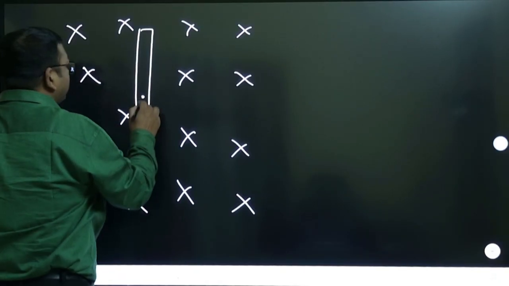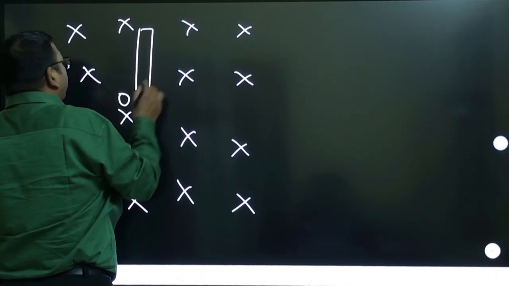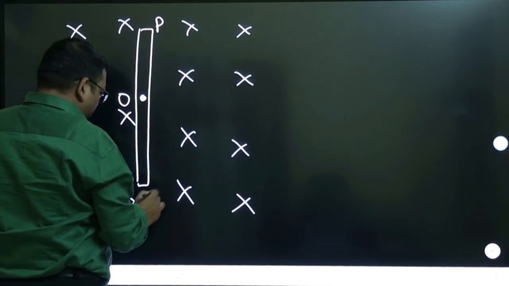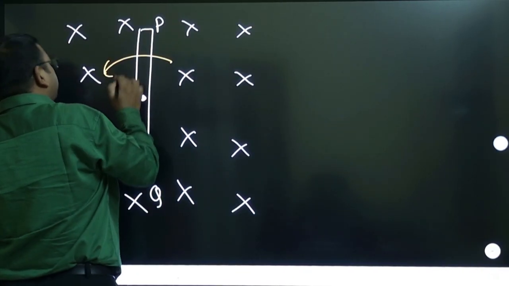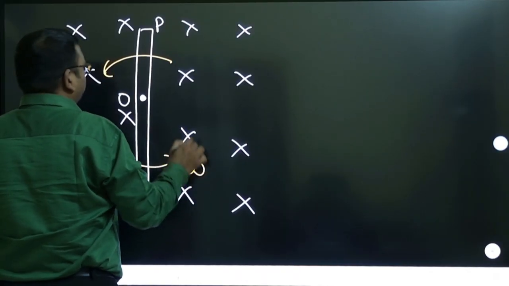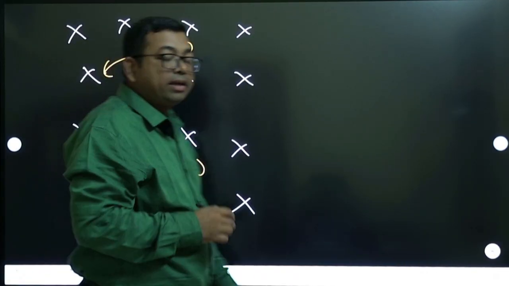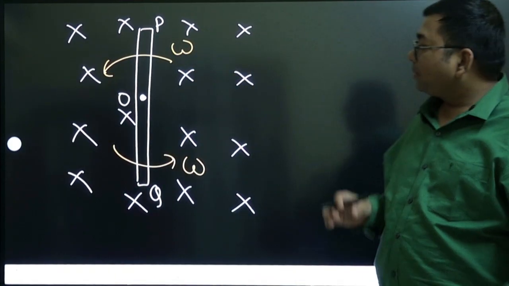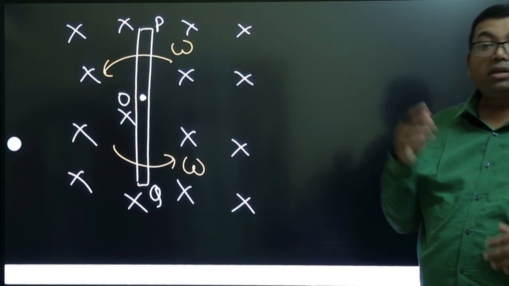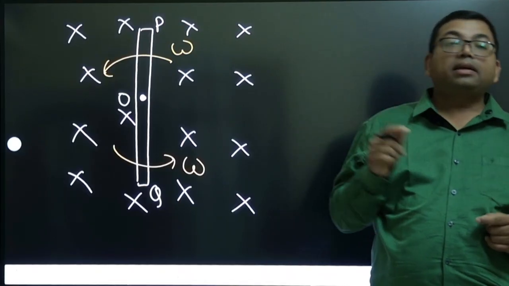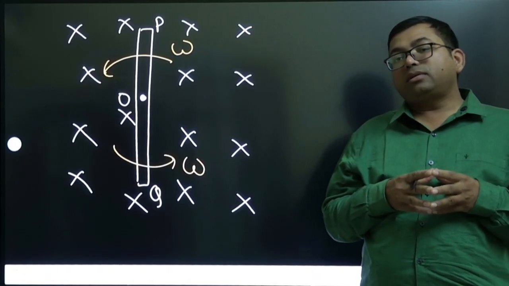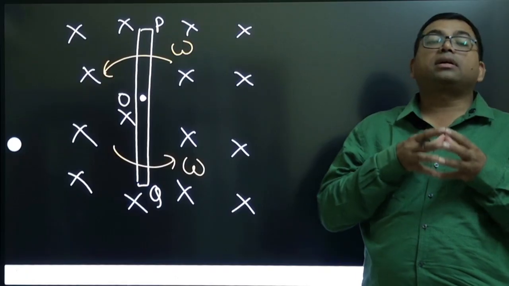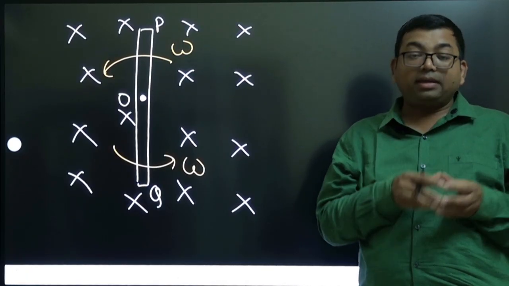Now this rod, this is the midpoint too, and this point is P and this point is Q. Now let us say that you are rotating it with a constant angular velocity omega. So there will be EMF produced between the center and the end point. Also note that EMF can be produced, but whether current is there or not, will there be current in this rod or not?